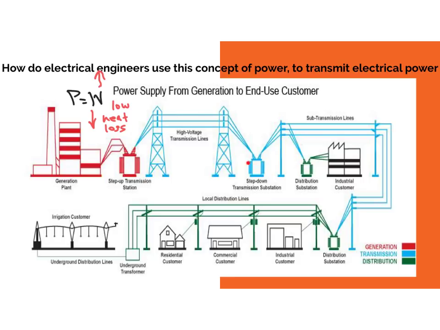But what's also noticed here is that we then step it down once we get it back to the industry. And so the industry actually works at a higher voltage or potential difference than what we would in our home. Industries have bigger machines and need to do work faster, and so therefore they want a higher power, so they want a higher potential difference.